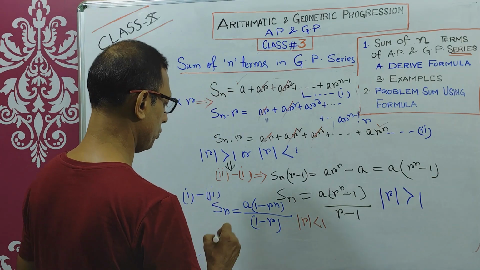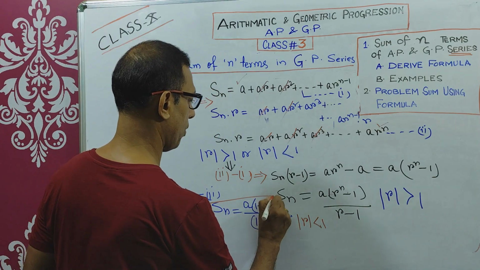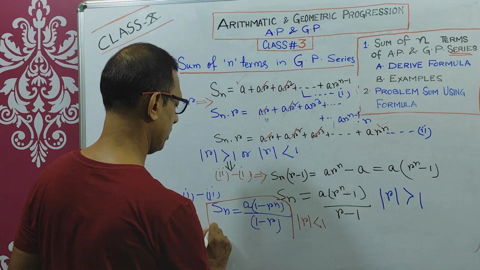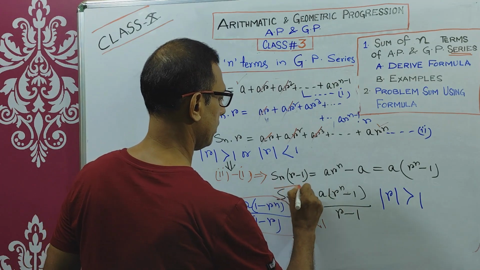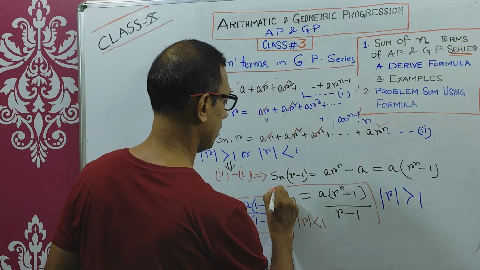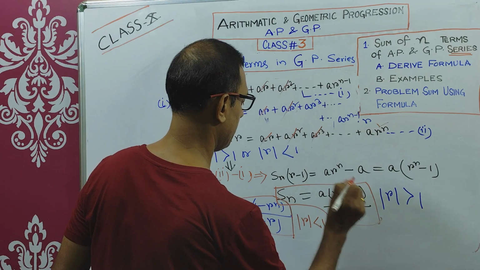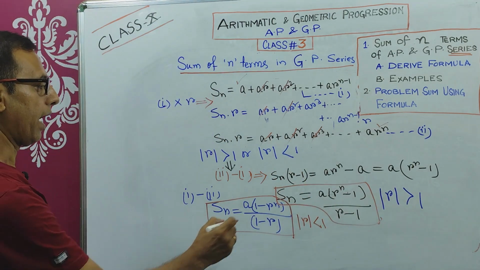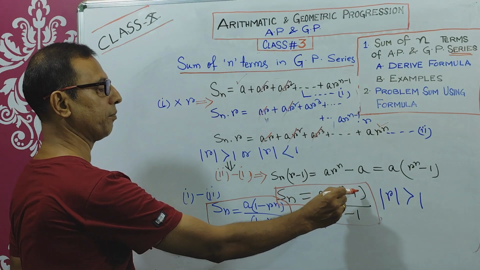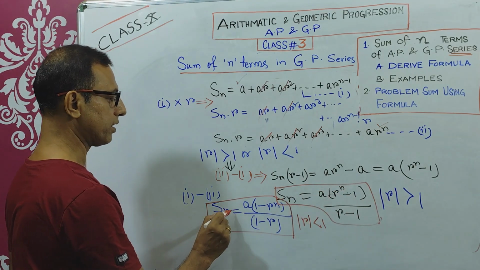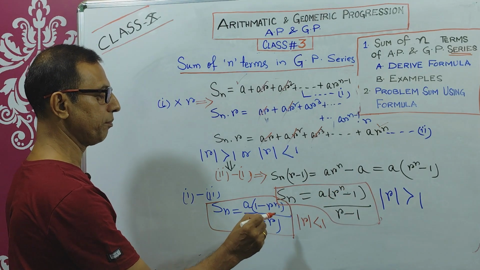So these two are the equations to find the summation of a GP series. Either Sn equals A into R to the power n minus 1 by R minus 1, or Sn equals A into 1 minus R to the power n by 1 minus R.